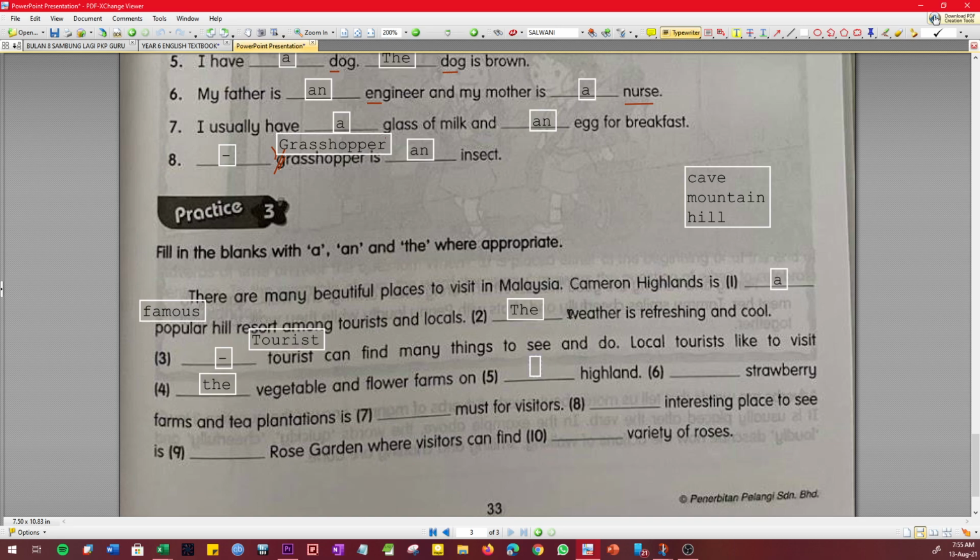Hanya untuk first time sahaja kita guna a, tapi disebabkan ini adalah plural, not plural, proper nouns, kita guna tak ada a. So the vegetable and flower farms on the highland, strawberry farms, and same as before.